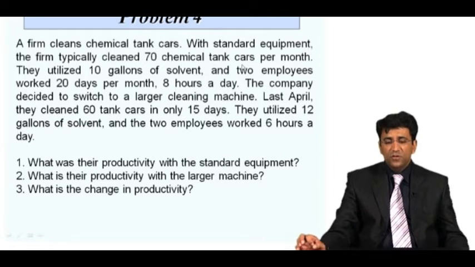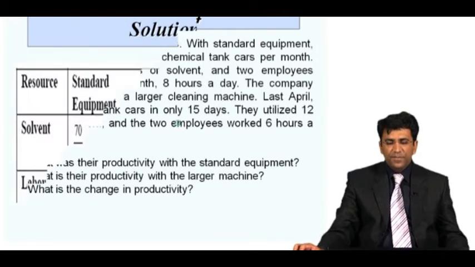They were able to clean 70 chemical tank cars by utilizing 10 gallons of solvent. If we are interested to find out the productivity with respect to the solvent used, our old productivity will be 70 divided by 10 gallons of solvent.